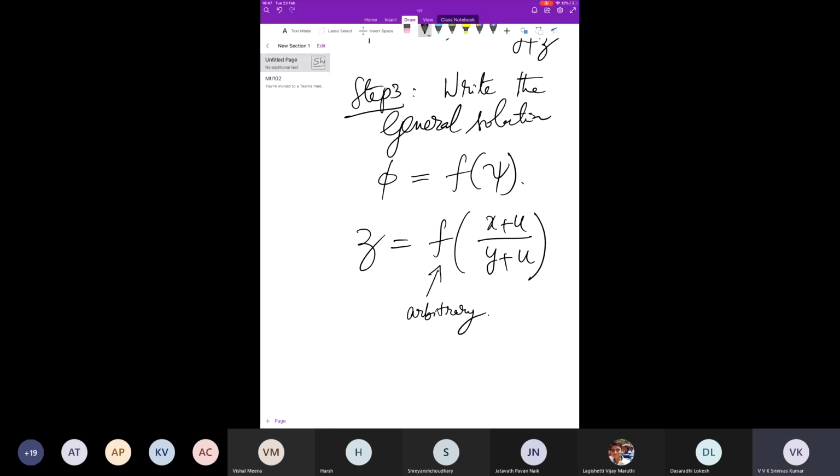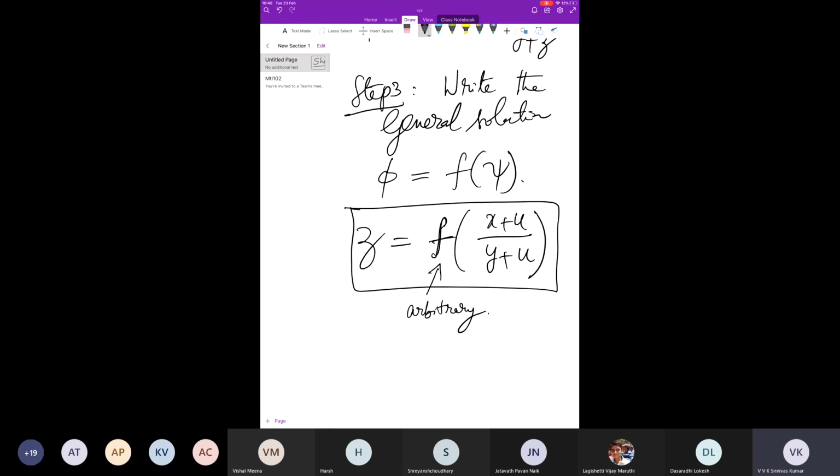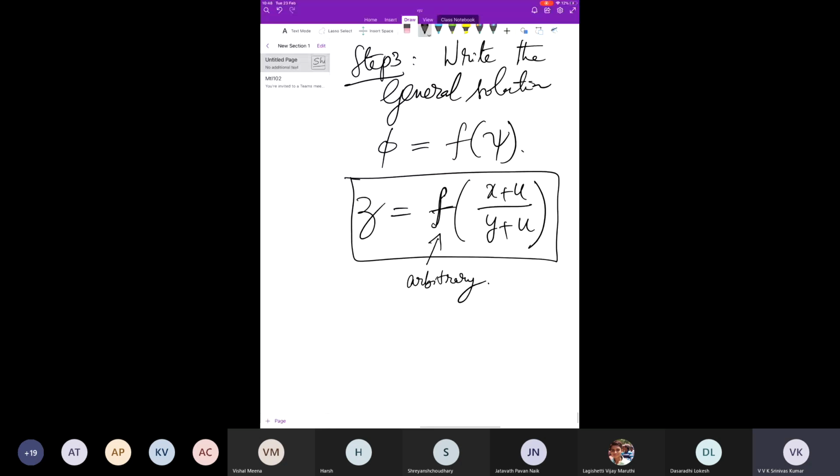So there are infinitely many solutions. Any arbitrary function of this is a general solution. So this is the method of Lagrange, how we find the general solutions.